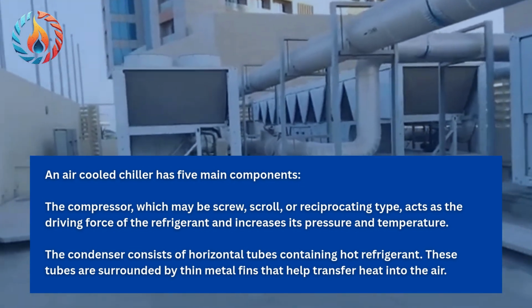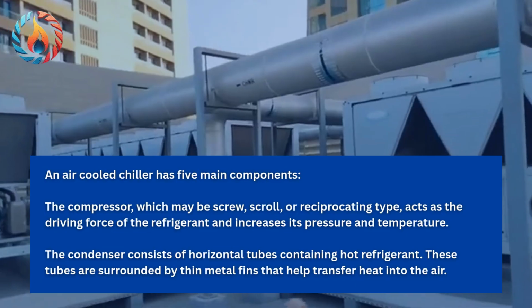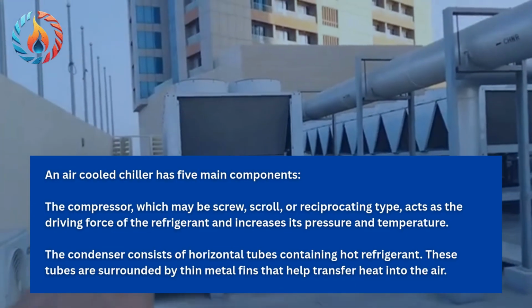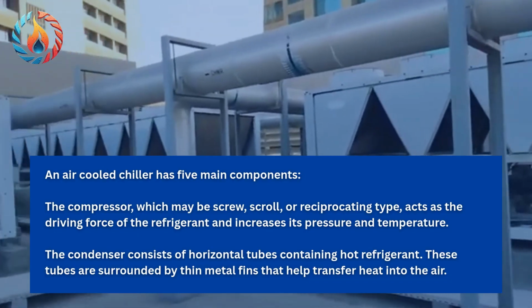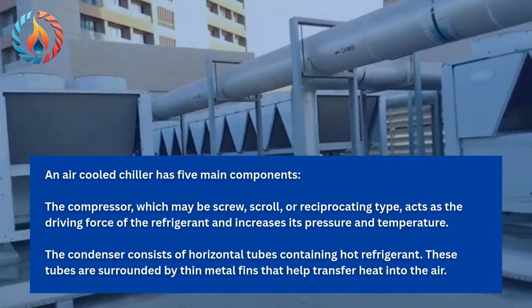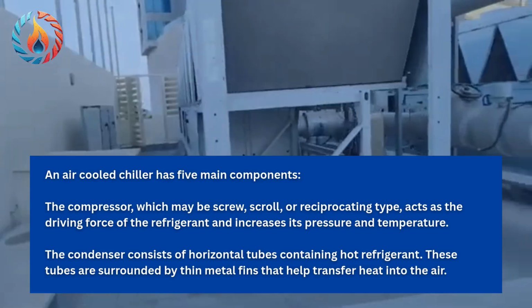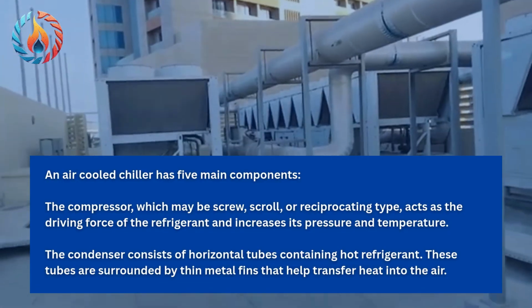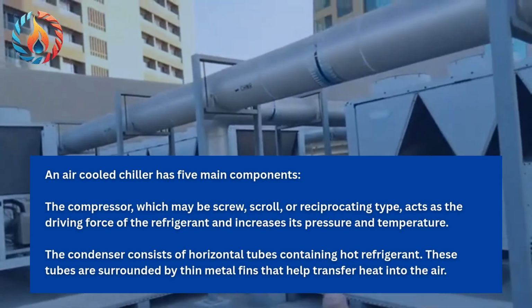An air-cooled chiller has five main components. The compressor, which may be screw, scroll, or reciprocating type, acts as the driving force of the refrigerant and increases its pressure and temperature. The condenser consists of horizontal tubes containing hot refrigerant. These tubes are surrounded by thin metal fins that help transfer heat into the air.